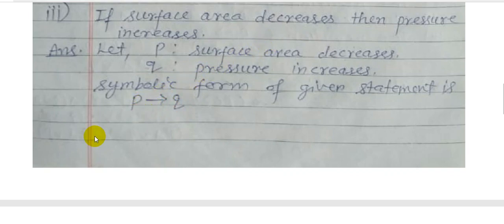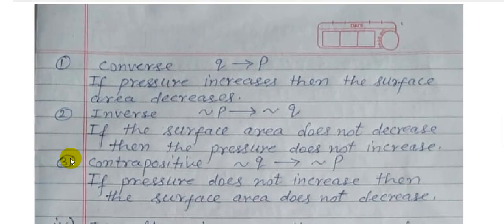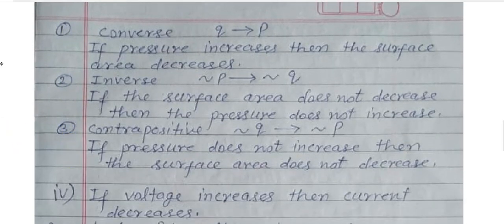So what will be the converse of the statement? For the converse we write Q conditional P. Its verbal form is: if pressure increases then the surface area decreases.